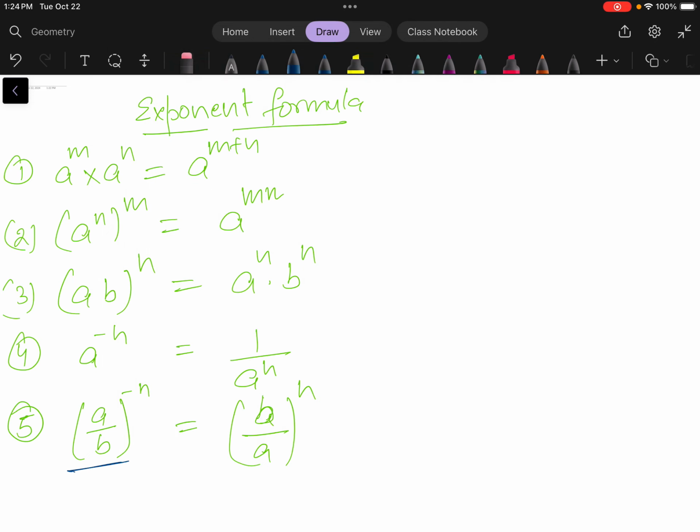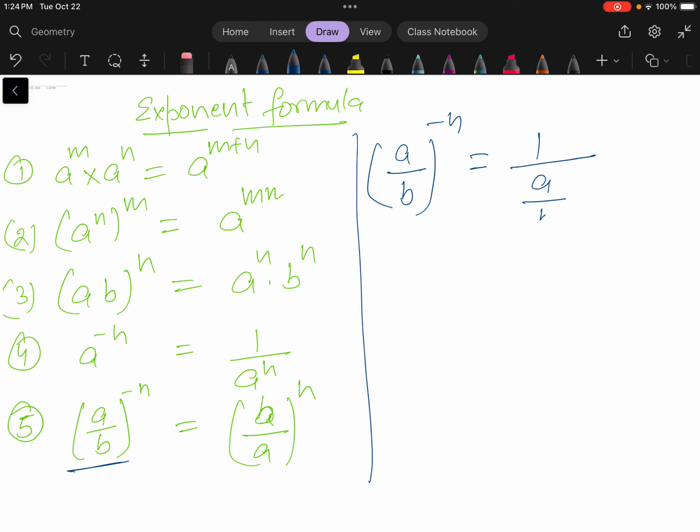If I write (a upon b) to the power minus n, this is equal to 1 upon (a upon b) to the power n. Now the denominator will go to the numerator, so this will be b to the power n upon a to the power n, and we can write it like (b upon a) to the power n. Okay, so now let's move to another formula.